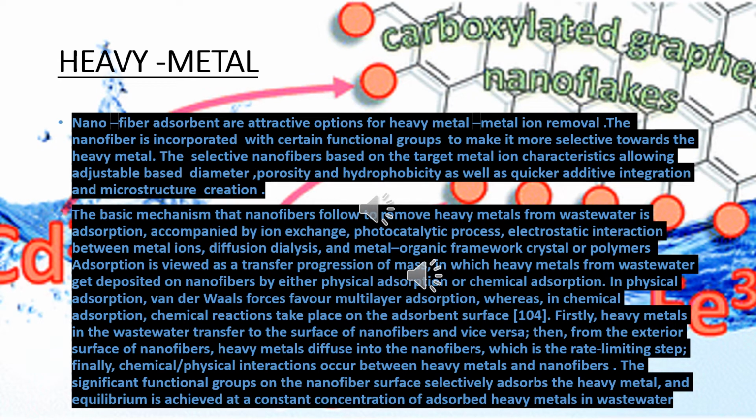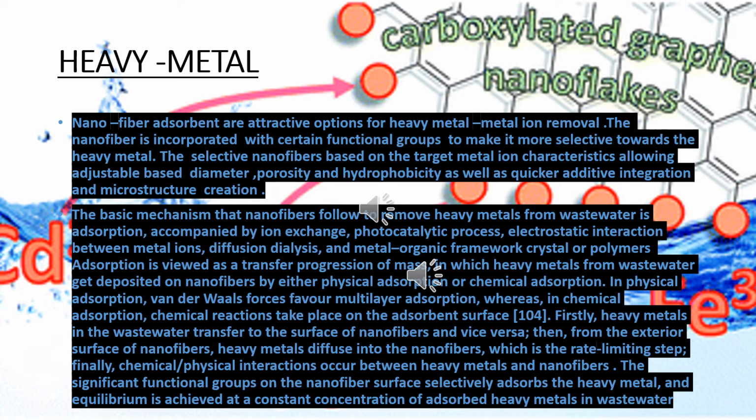In physical adsorption, chemical reactions take place on the adsorbent surface. Firstly, heavy metals in the wastewater transfer to the surface of nanofibers. Then from the exterior surface of nanofibers, heavy metals diffuse into the nanofibers, which is the rate limiting step.